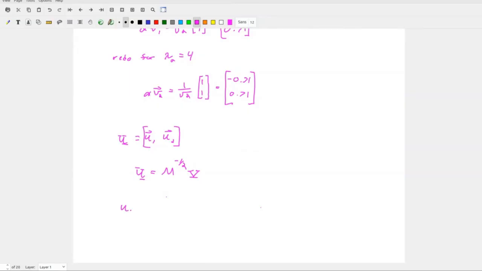And then U1 vector is equal to 1/3 0, 0, 1, times 0.71, 0.71, equals 0.24, 0.71.